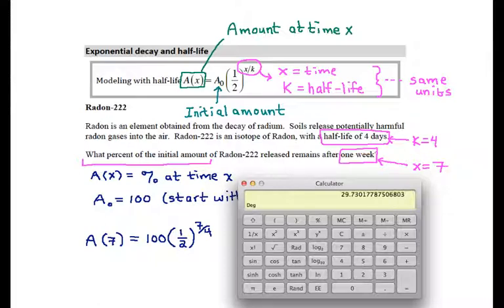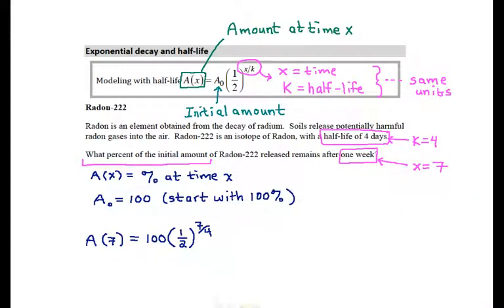So I put that power in parentheses as I was entering it into my calculator, and I get 29.7, so that it looks like what we have remaining is 29.7. Remember that our units here is percent, so this is 29.7% of the original amount.